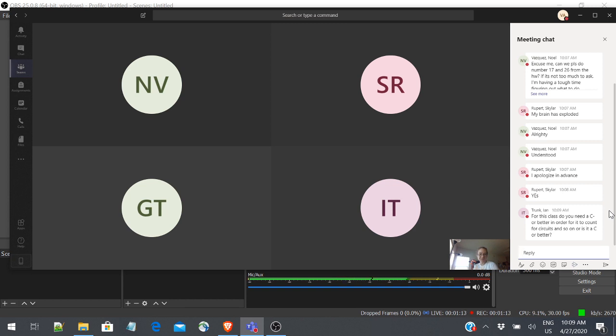Do you need a C- or better for it to count for circuits, or is it a C or better? I have no idea. Sorry. It doesn't say in the catalog. Oh, it's physics 1. Wrong thing.